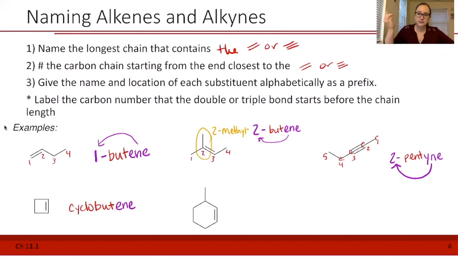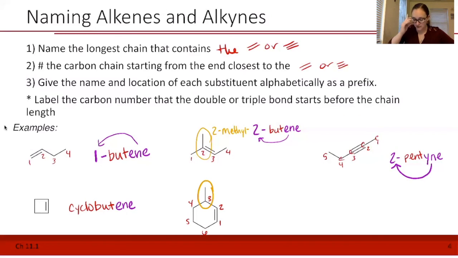So we always will start at the alkene or alkyne. So even if there's a big substituent or something, always start at your alkene or alkyne. So in this case, I'm going to put my number 1 here so that I can go my number 2 to finish the alkene. And then my number 3 goes right to the next, the closest substituent. So we have 1, 2, 3, and then 4, 5, 6.